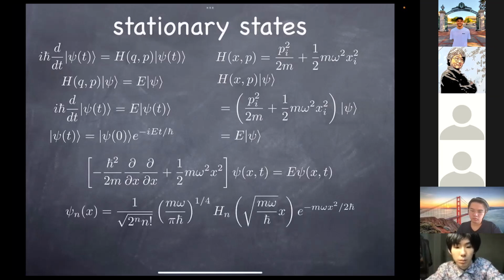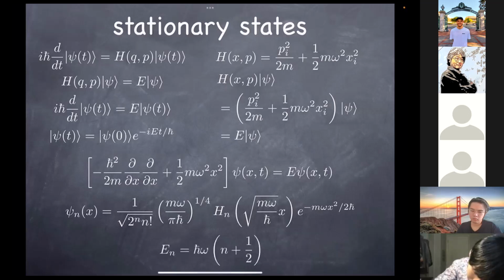And then you go ahead and solve this. You have seen this in quantum mechanics class. That's given in these Hermite polynomials, Hn. I don't get into more details here, but that's the solution to this equation. You also find the eigenvalues of the Hamiltonian from the requirement that the wave function has to be normalizable.